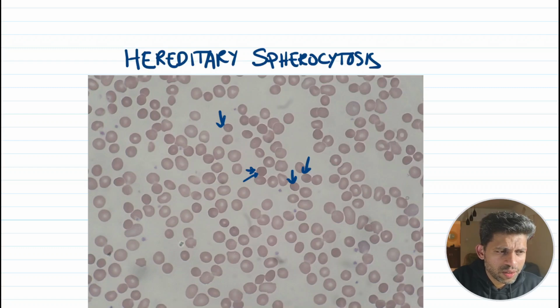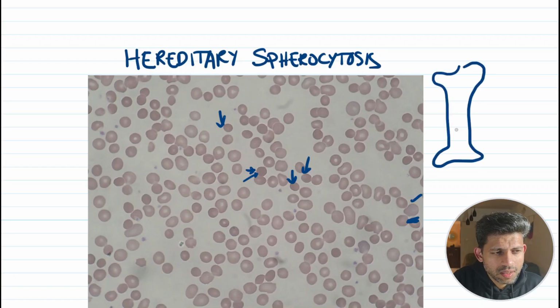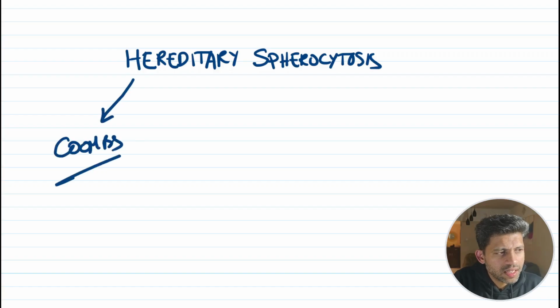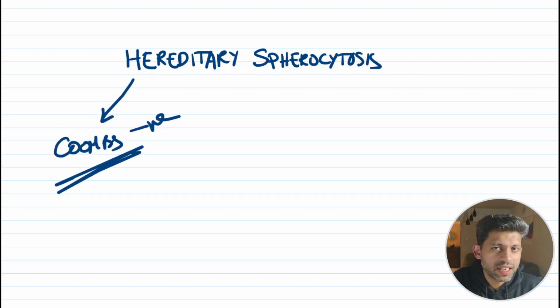Along with this, you get to see slightly larger RBCs with a mild bluish hue. They are reticulocytes. They are nothing but young RBCs which are released by the bone marrow because of increased erythropoietin due to anemia. Coombs test is negative in hereditary spherocytosis because there are no antibodies involved.